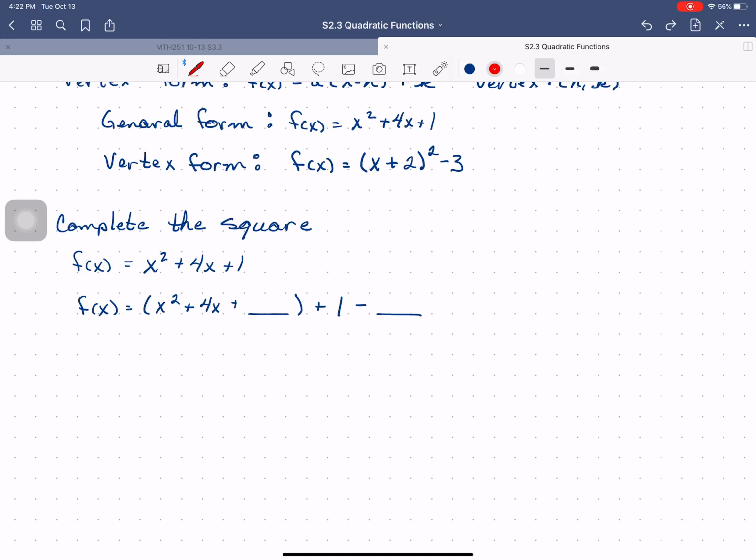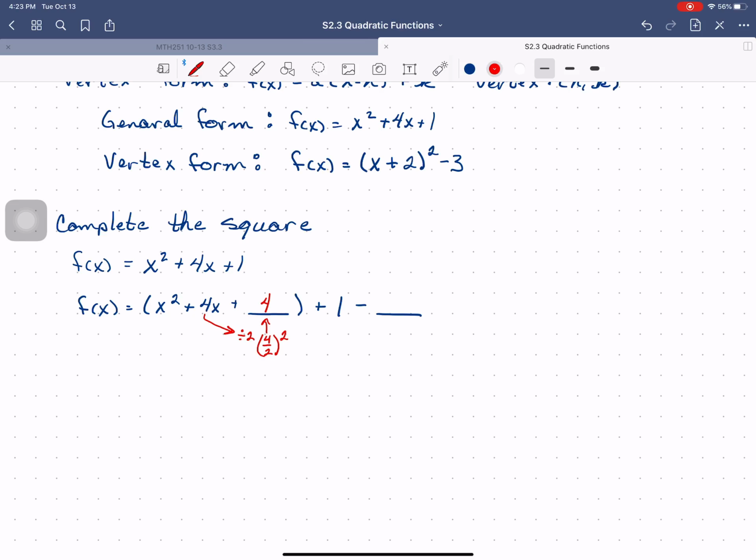Now, I'm going to add something here, and what I add is always the same thing. I'm going to take whatever is in the middle and divide it by 2. So I'm going to take this 4, divide it by 2, and then square it. So 4 over 2 is 2, squared is 4. Now I added 4.